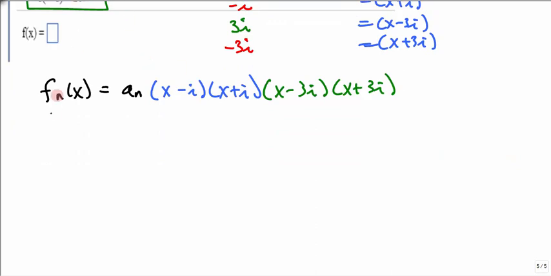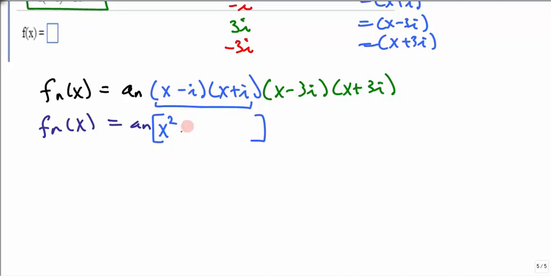Now, this is worse than it looks. The a sub n we just pull out front. Now I'm going to go ahead and FOIL this out. x times x is x squared. Now the cool thing about conjugates is when you multiply your outside and inside terms together, they cancel out.